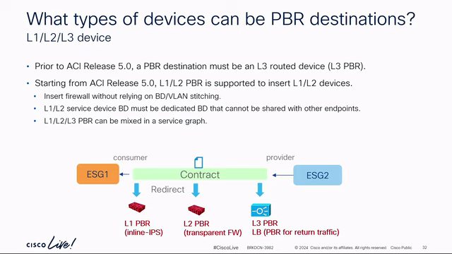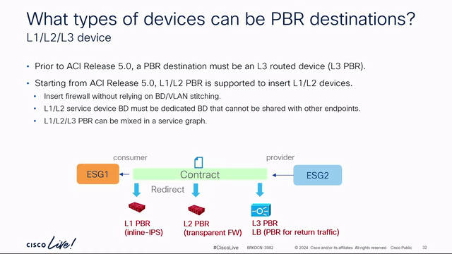For example, you have an inline IPS, L1 PBR, and then a transparent firewall, L2 PBR. Then the last node is PBR for return traffic for a load balancer, that is layer 3. So you can mix required service types in the same service chain.